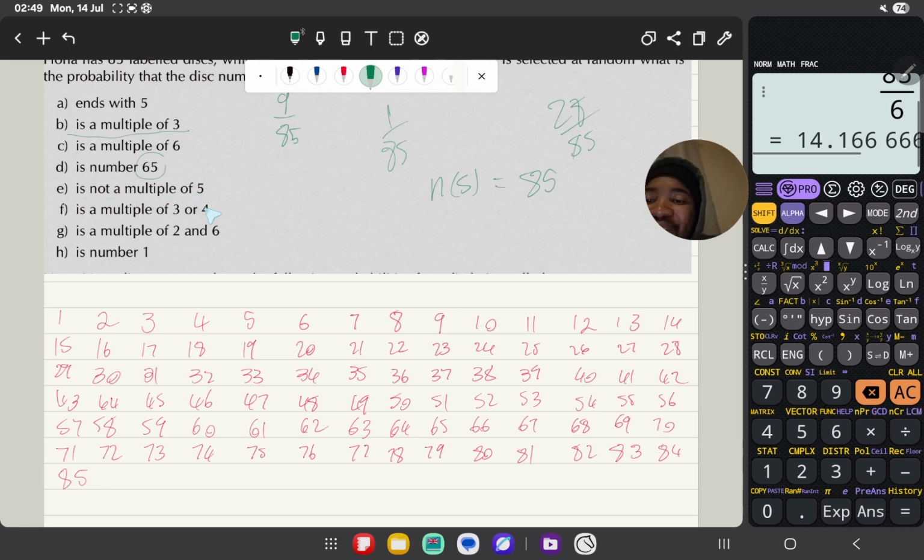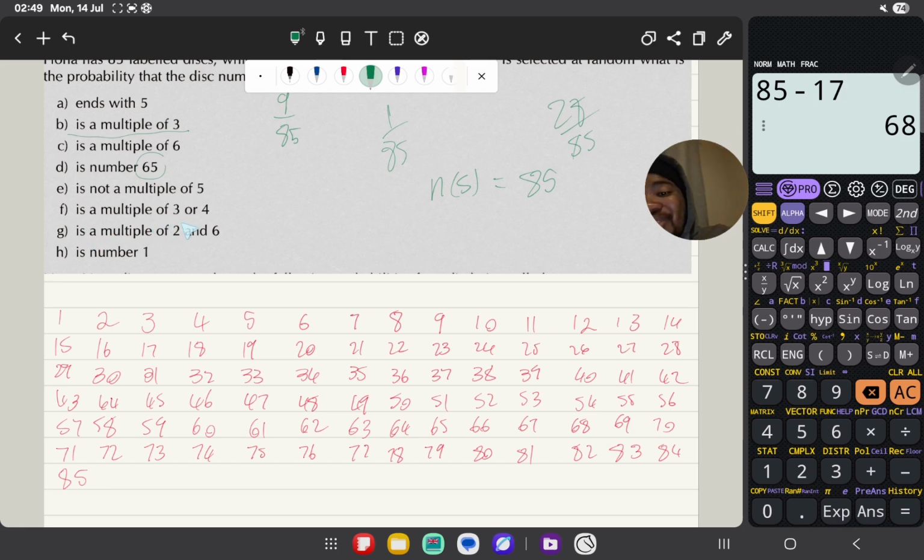For not a multiple of 5, you take all the numbers that are multiples of 5. 85 divided by 5, therefore there are 17 numbers that are multiples of 5. So we say 85 minus 17, then you have 68 numbers that are not multiples of 5. So the answer is 68 over 85.